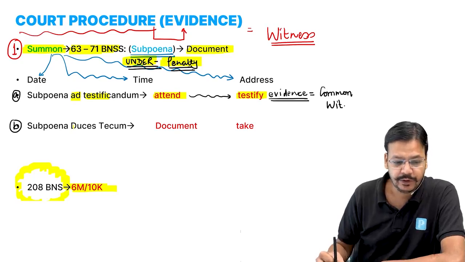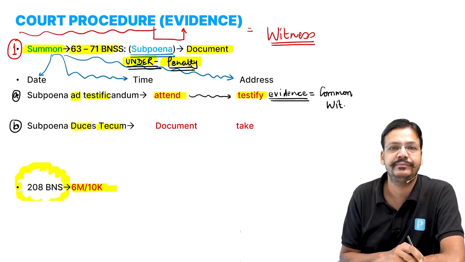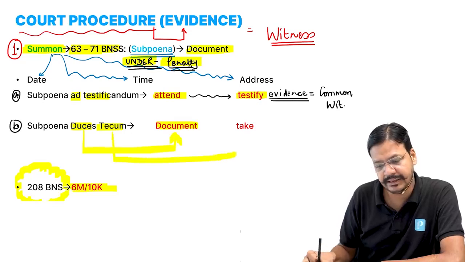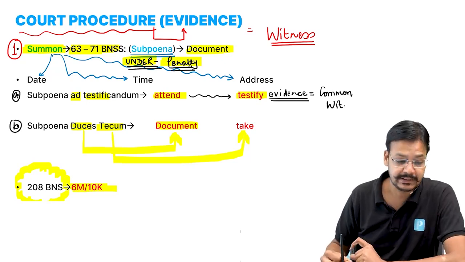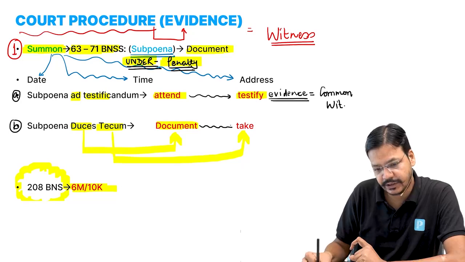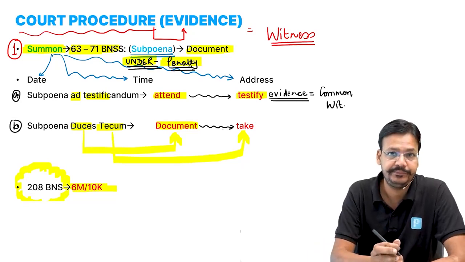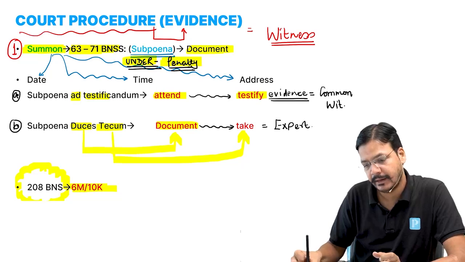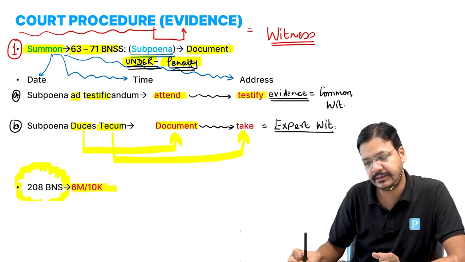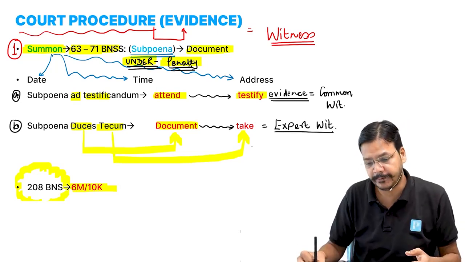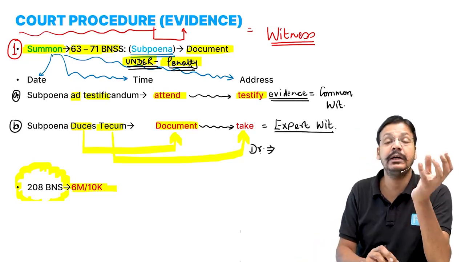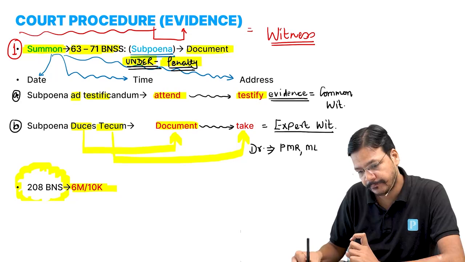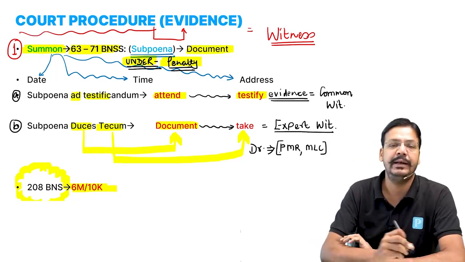Now, sir, I am coming to subpoena duces tecum. What is the meaning of duces? Duces is document. Tecum means take. Which witness takes a document along with him or her? For example, an expert witness, like a doctor. If a doctor attends the court as an expert witness, the doctor takes the postmortem report or MLC with him.